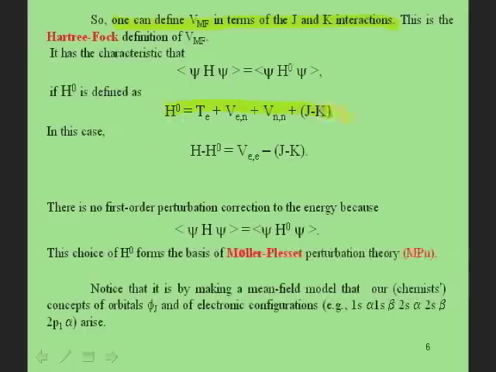It has kinetic energy, electron-nuclear attraction, nuclear-nuclear repulsion, and then the mean field potential, the VMF, as we're calling it, that Hartree-Fock theory defines as this sum of Coulomb minus exchange potentials. J minus K is Hartree-Fock's definition of the mean field potential. Now we want to talk about that. Is it good? Is it bad? Is it ugly? What are its strengths? What are its weaknesses? So that's the definition of Hartree-Fock's mean field potential.